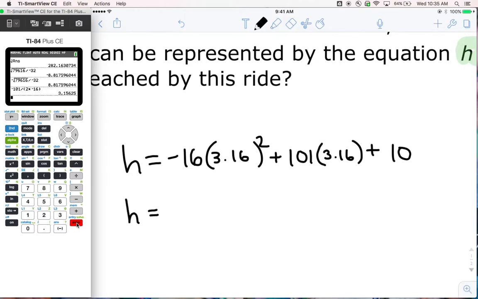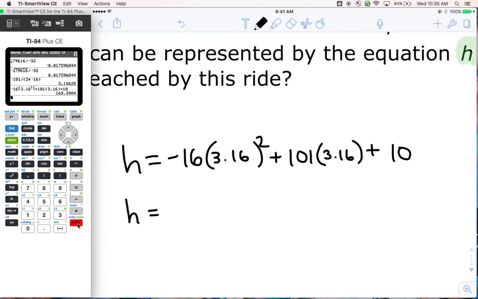All right, all I got to do is type this big old thing in my calculator. So here we go. We got negative 16 times 3.16 squared, close parentheses, plus 101 times 3.16. And then we got a plus 10 on the end.